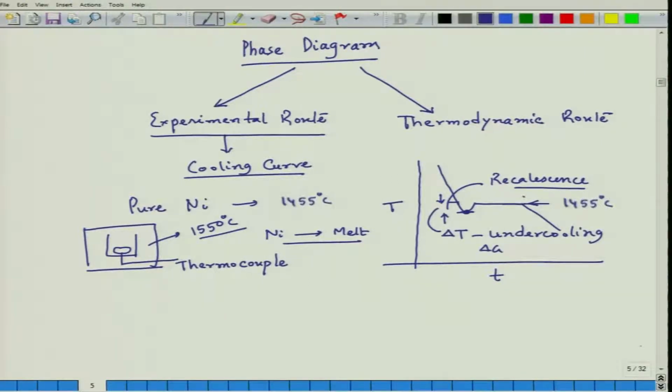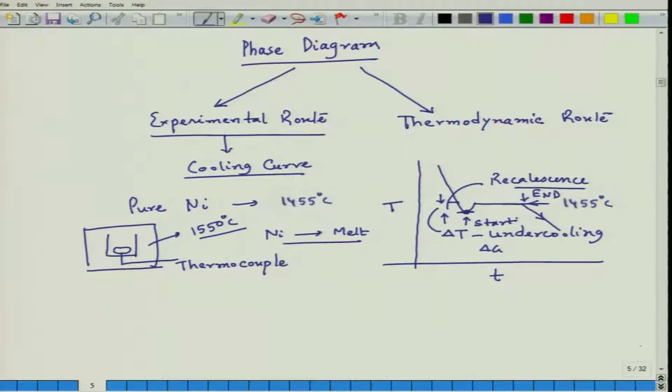And then once all the liquid turns into solid, the temperature again starts decreasing along this path. So, this is basically the start of solidification, and this is the end of solidification, and this is the start.